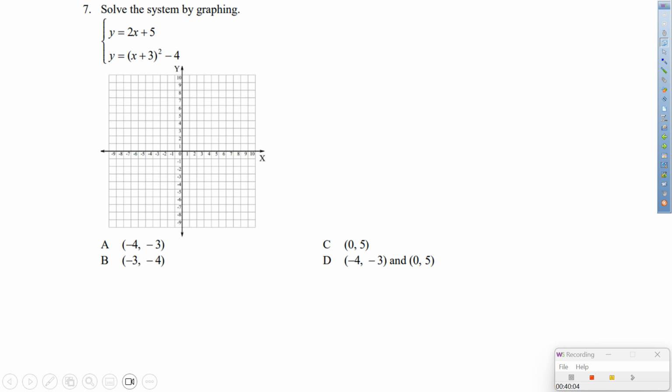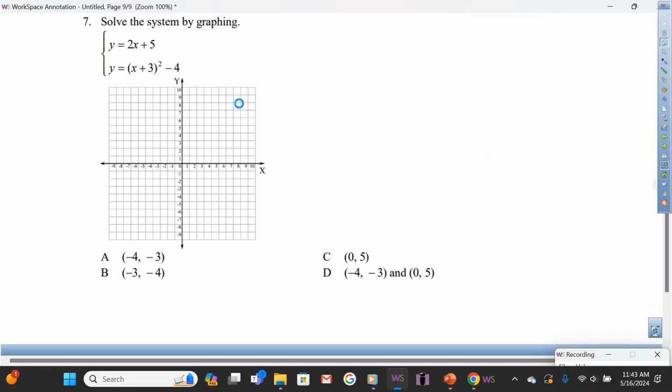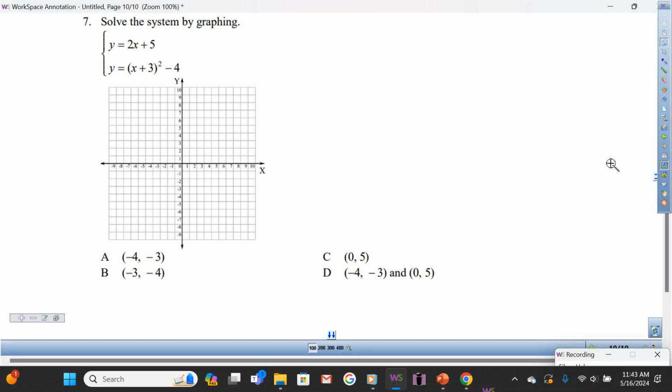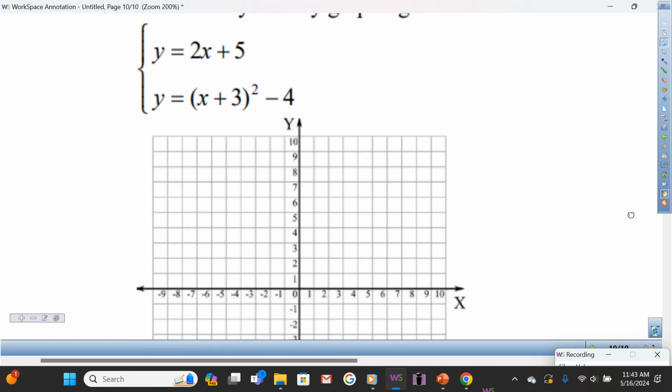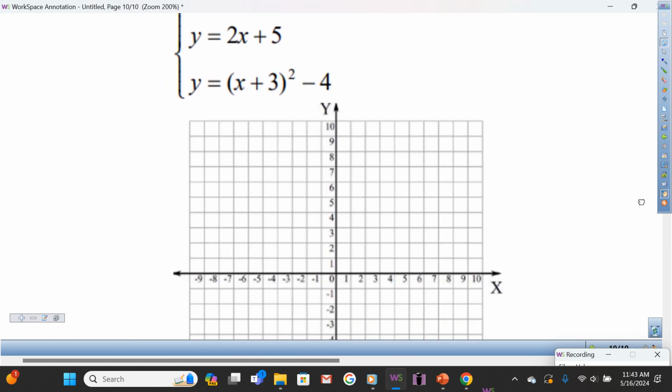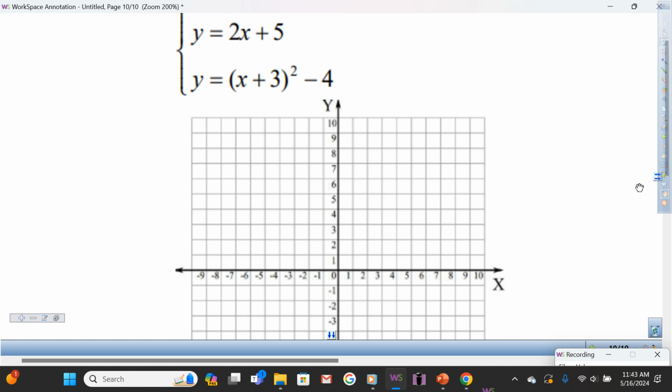All right, let's go to the next one. Solve the system by graphing. So this one you can write on your study guide. That's fine. So we can use the coordinate plane in there. I'm going to zoom in. Here we go. And I made these as doable as possible so that you guys can follow along.